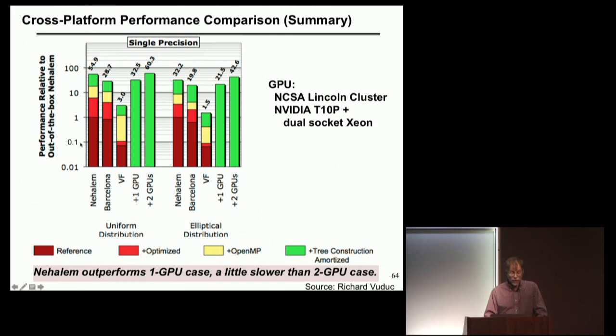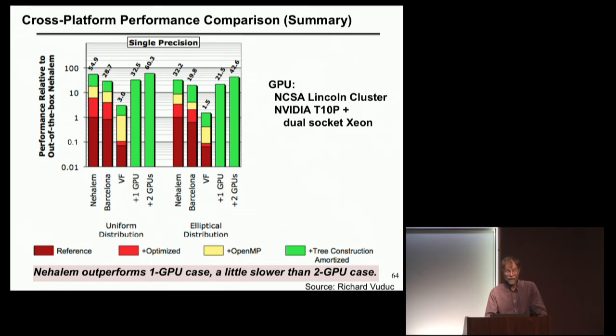And so you can see that if I take the naive Nehalem code and just optimize it doing sequentially, so this is sequential code, it goes like 7 times faster. If I then parallelize it with OpenMP, I get up to there, that's the yellow.